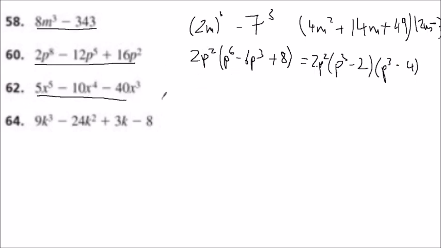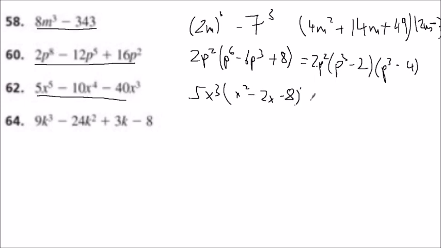Next, 5x to the 5th minus 10x to the 4th minus 40x cubed. Greatest common factor is 5x cubed, and then x to the 5th divided by x cubed is x squared, minus 10x to the 4th divided by 5x cubed is 2x, and then minus 40x cubed divided by 5x cubed is minus 8.